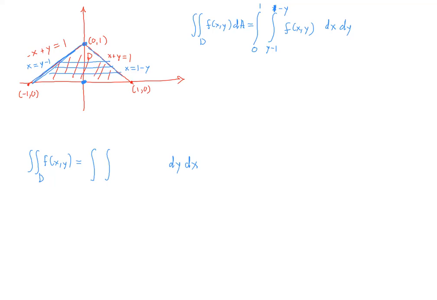because if you now ask, what is the upper boundary? The upper boundary is this now, right? It's this curve. And this curve, unfortunately, doesn't have a single equation that gives it, meaning from -1 to 0, it's y is equal to x plus 1.